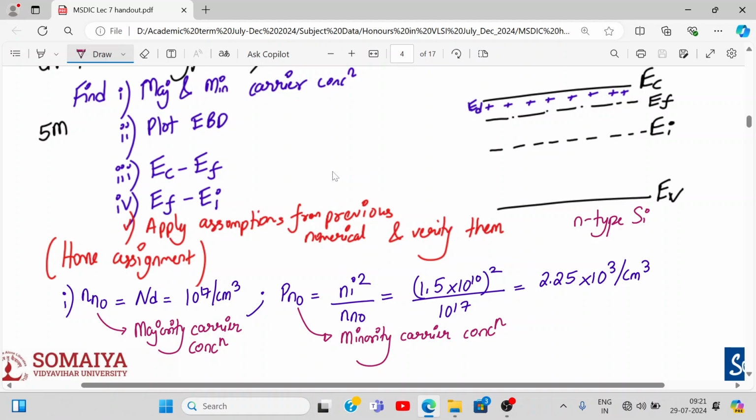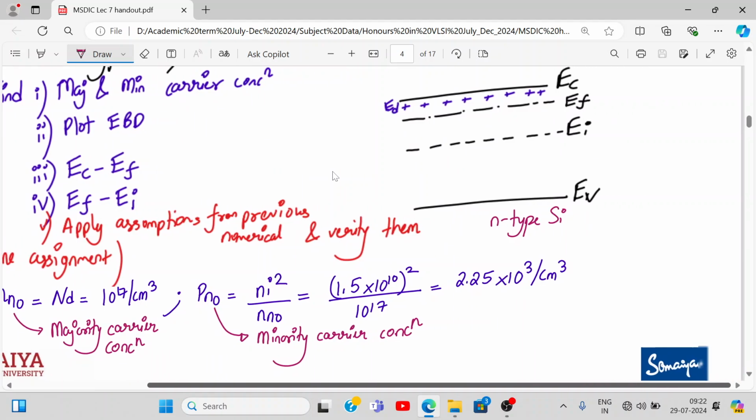All right, now how will you find EC minus EF? There was a relation, right? EC minus EF will be kT natural log of Nc upon Nd. Yeah. So let's write that down.